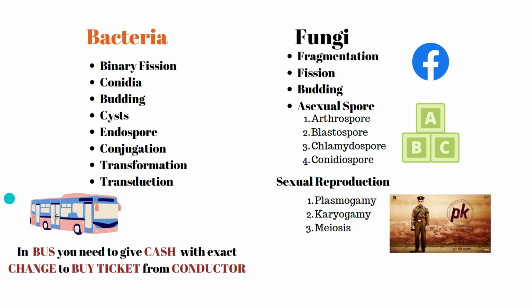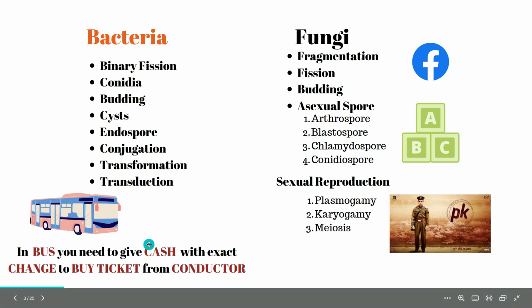You might be wondering why these pictorial diagrams are here in this slide. In order to remember the mode of reproduction in bacteria, you need to remember this simple sentence. In bus, you need to give cash with exact change to buy ticket from conductor.